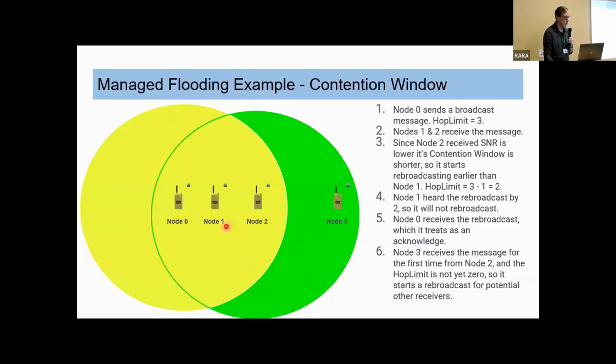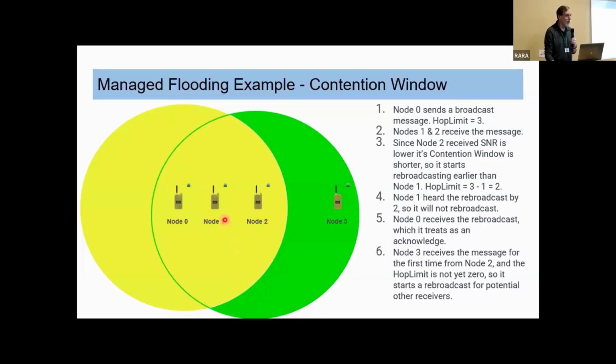Now, let's talk a different example. Let's assume that node 1 is in the middle of a metal frame building, or it's down in a valley or something like that. So in reality, its signal to noise ratio was lower than node 2's. Even though node 2 is further away, node 1 had a weaker signal.